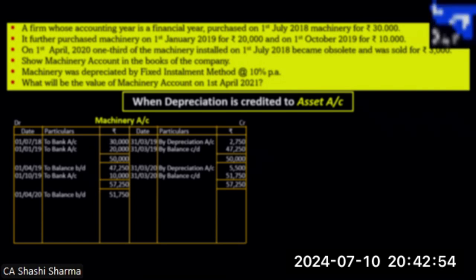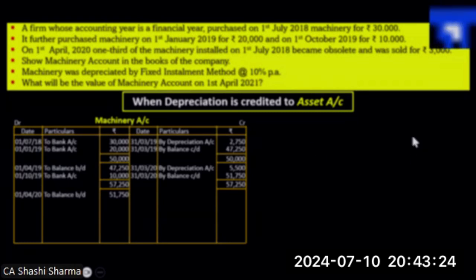The second one will be for providing depreciation for the period up to the date of sale. This is the second entry. And the third one will relate to profit or loss on such sale.